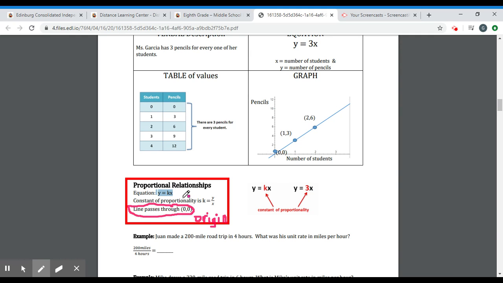Now, if we're looking for the slope or the constant of proportionality, we're going to use this formula right here: k equals y over x. So we simply do y over x, and that will give me my constant of proportionality. Constant of proportionality is also another word for slope.